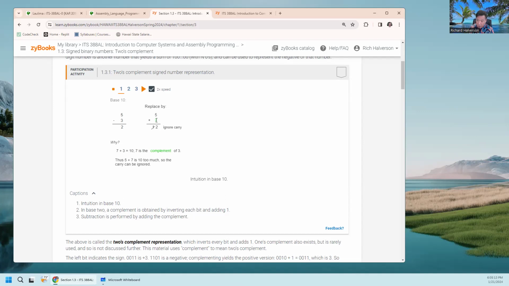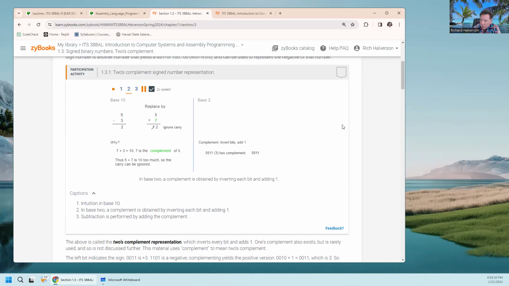The reason is that 7 is the 10's complement of 3. 7 plus 3 equals 10. Thus, 5 plus 7 is too much, so the carry can be ignored. Okay, so what's next?